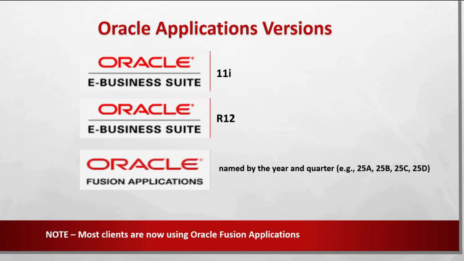Earlier it started with just one application, that is the General Ledger accounting application. This was the very first application which Oracle was using under EBS 11.9. So this version is called 11i. This was the first version.